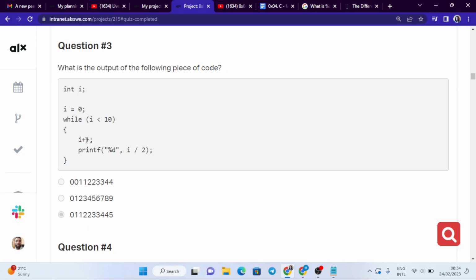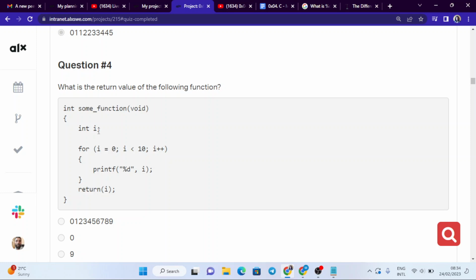So when it is 9, 9 divided by 2 is 4, and lastly 9 is less than 10, plus plus, then 10 divided by 2 makes 5. The other one: i equals 0, i less than 10, i plus plus, printf percent d and i, return i.